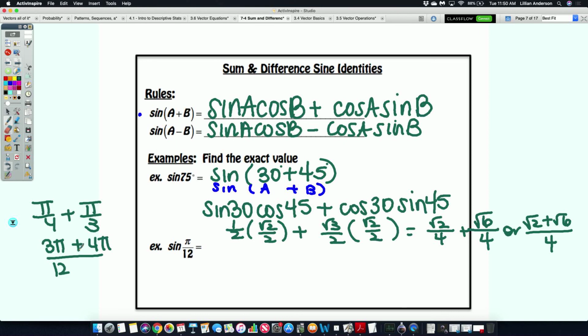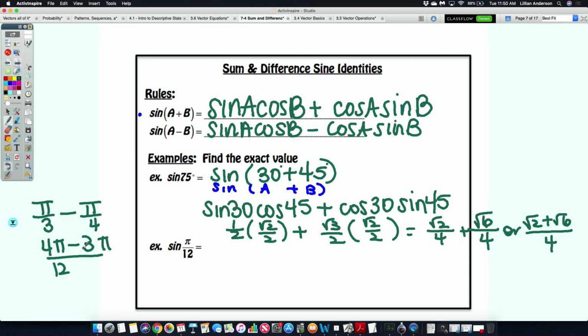Subtract. Subtract them. Would I be subtracting pi over 4 minus pi over 3, the same way it is now? No. What would I need to do? There we go. So if I did pi over 3 minus pi over 4, then that would give me 4 pi over 12 minus 3 pi over 12, which gives me pi over 12.